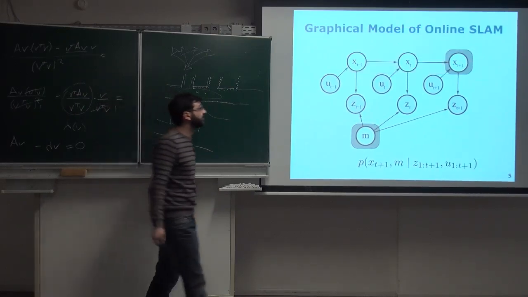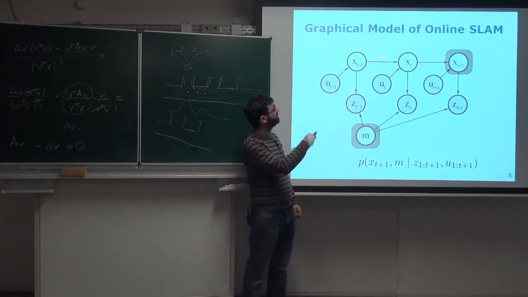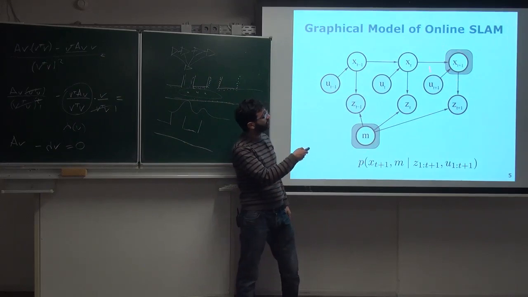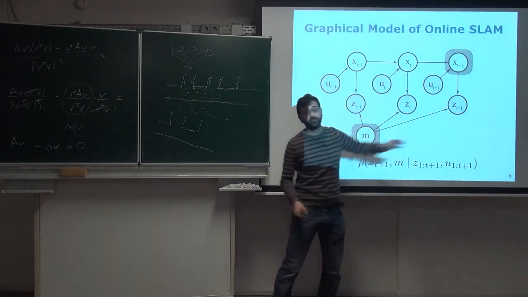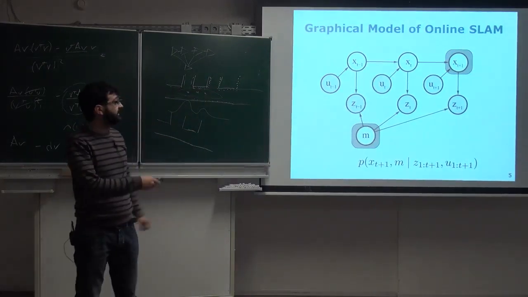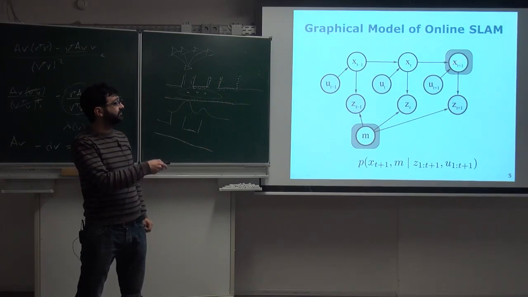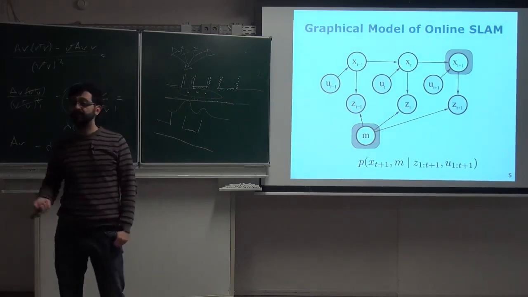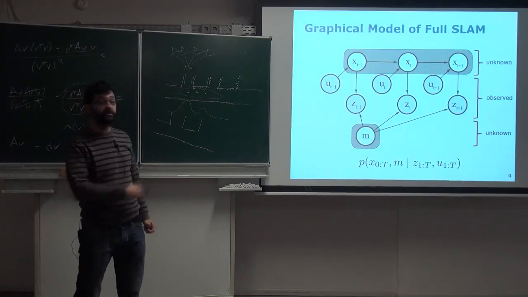And we have seen also online SLAM, where we still have an unknown here. The unknown is the white circle, but we're only interested in estimating this one, so we are marginalizing out all the previous poses. Okay, and we have seen that Kalman filter approaches address this problem, and particle filter or graph-based approaches mostly address this problem.